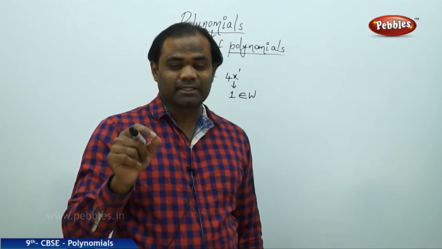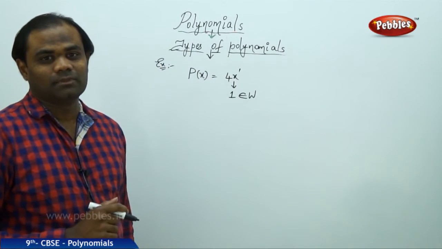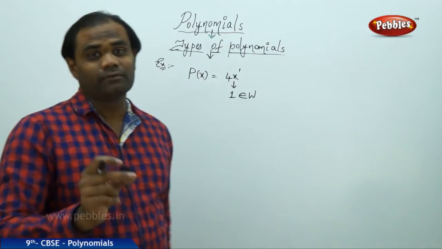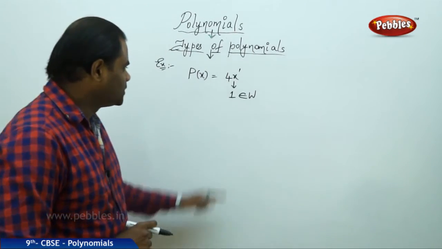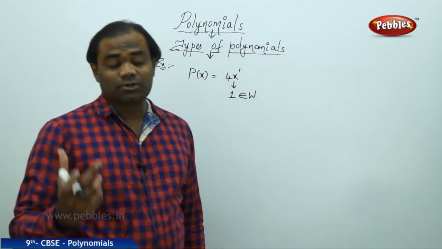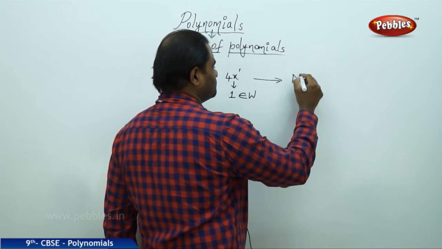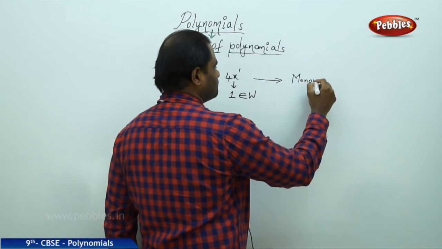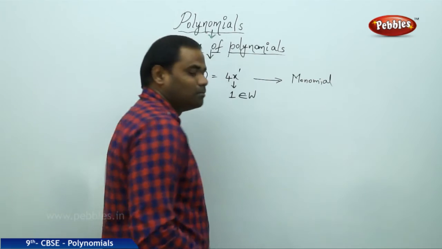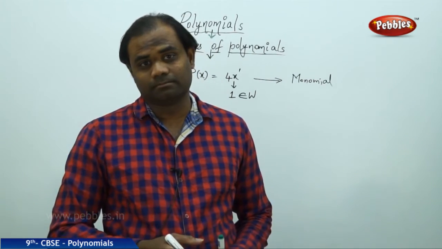Specifically, P of x is a polynomial of one term. There's only one term out here, is what we need to notice. Now, in this case, any polynomial which has one term has got its specific name, which is called a monomial. A monomial is a polynomial which consists of only one term.